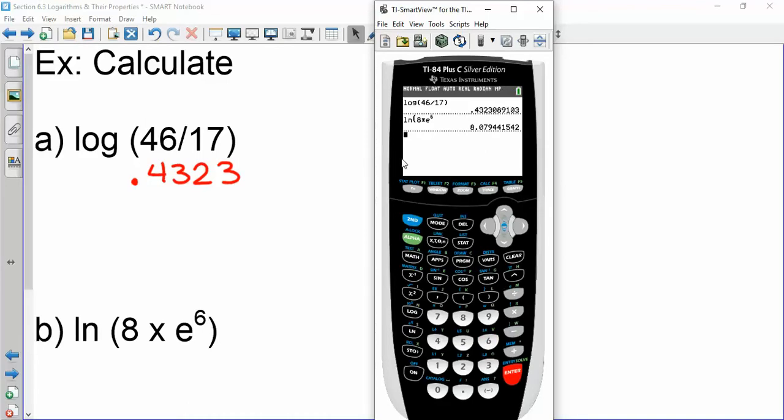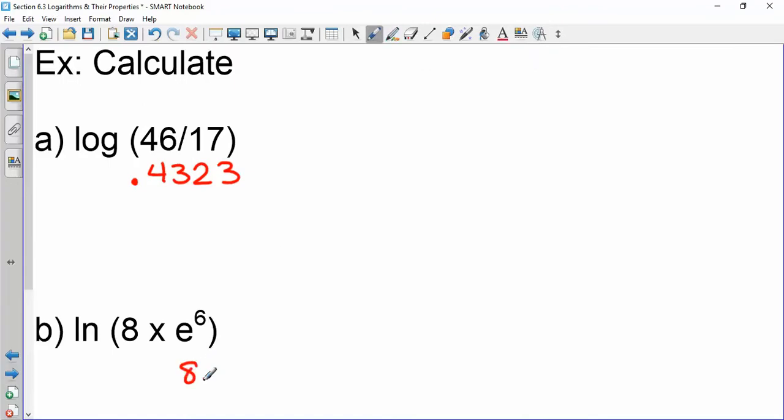So you should get 8.0794. Is that okay? So there's a couple of questions like that on your homework, just making sure you know how to plug those in your calculator.